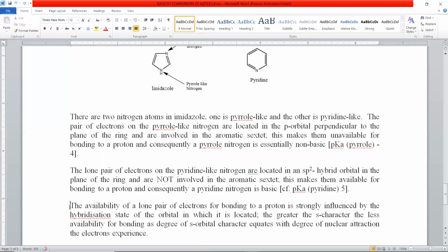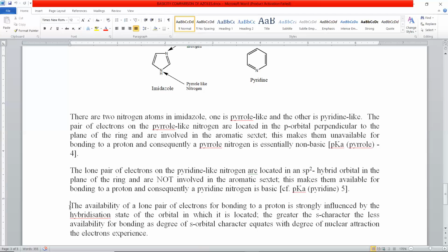The availability of the lone pair of electrons for bonding to a proton is influenced by the hybridization state of the orbital in which the lone pair is located. Greater the s character, less is the availability for bonding, as s orbital character equates with the degree of nuclear attraction that the electrons experience.